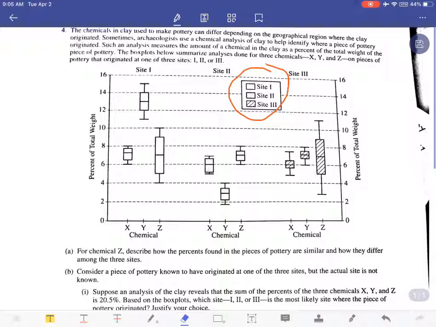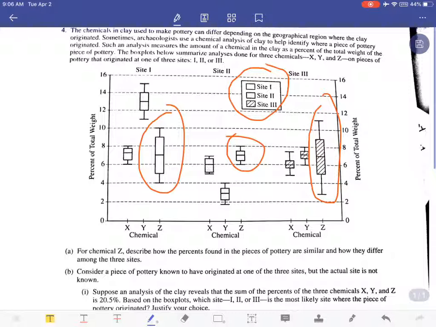So for part A, we're trying to see how chemical Z is different and similar. So if we look at chemical Z, it's going to be this box plot right here. It's going to be the one on the right for each of the 3 sites. So when you're comparing different box plots like this, you want to think about SOCS, the different components of that.